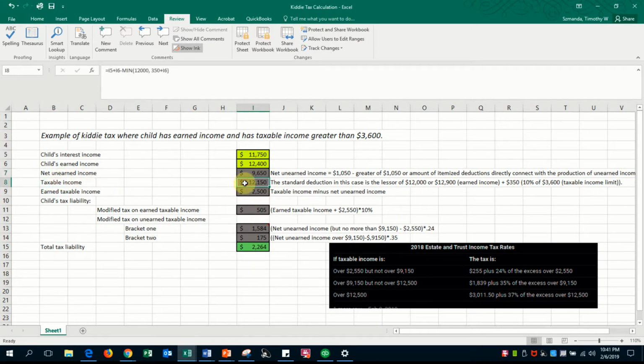Next, we need to calculate the taxable income. The taxable income is going to be the child's interest income, or unearned income, plus the child's earned income, minus the minimum, or the lesser amount, of the $12,000 standard deduction for a single person, or $350 plus the child's earned income of $12,400.